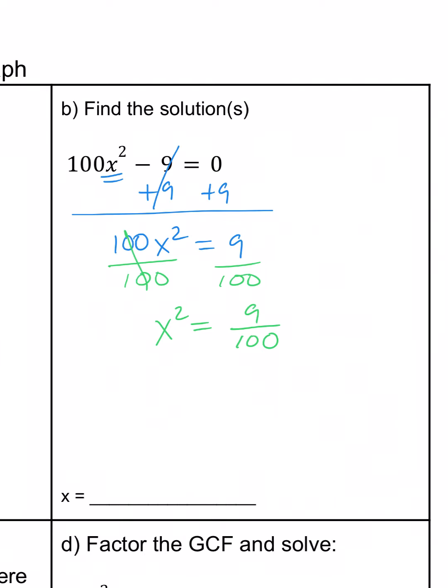Think about what this means. X squared means x multiplied by itself equals 9 over 100. Now, something times something equals 9 over 100. Well, the answer is a fraction, so I'm thinking we must be multiplying two fractions together.